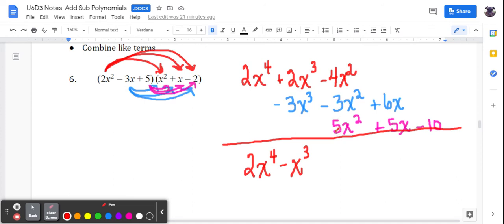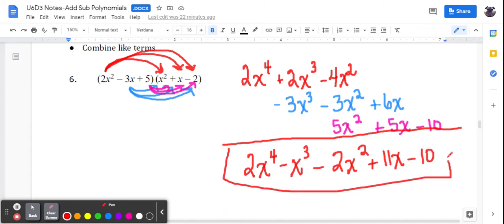And negative 7 plus 5 is negative 2. 6x plus 5x is 11x. And nothing to combine with this negative 10 down here, so we're going to bring that down. And there is your polynomial all multiplied.